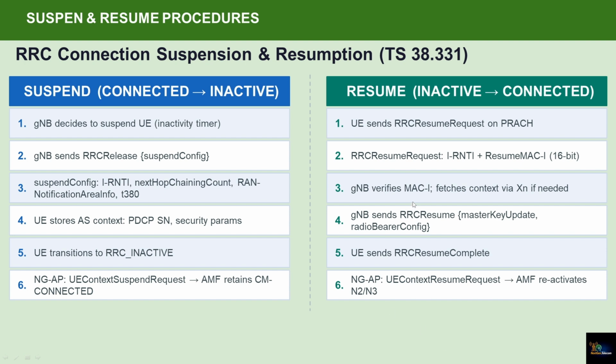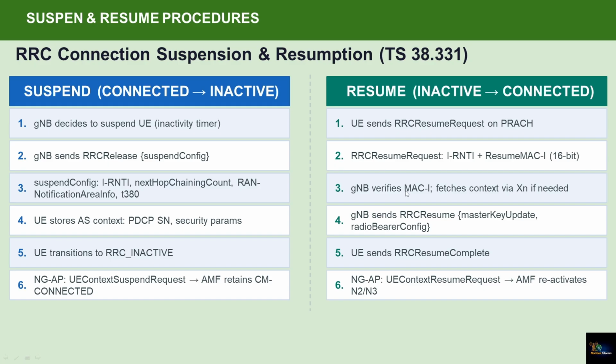Now the resume means inactive to connected. The UE sends an RRC resume request on the RACH, with the I-RNTI plus resume MAC-I, which is 16 bits. The gNodeB first verifies the MAC-I and fetches the context which is already stored in RAM, and does the reactivation if needed.